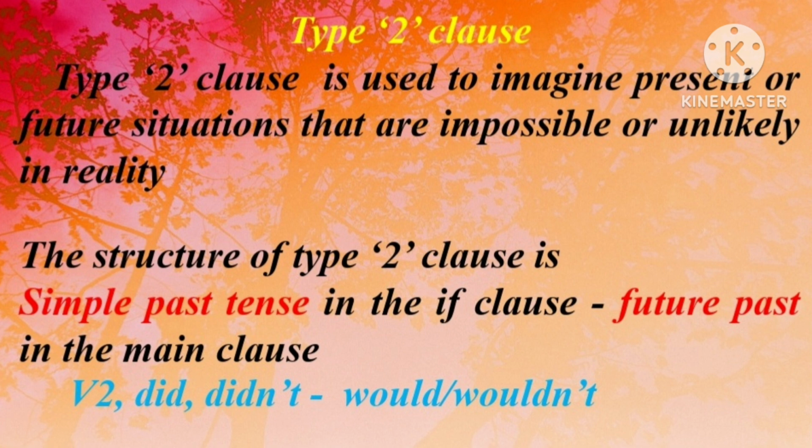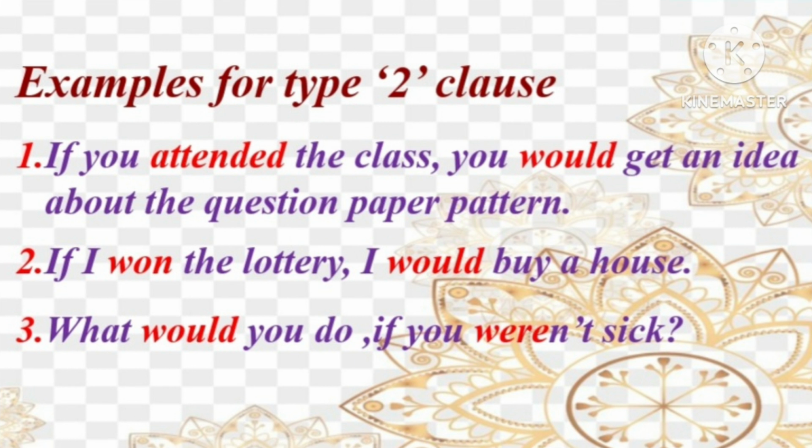So how can you make the main clause in future past? We can make it future past using the modal verb would or wouldn't. Let us see examples, we will come to know. Let us see the first example.